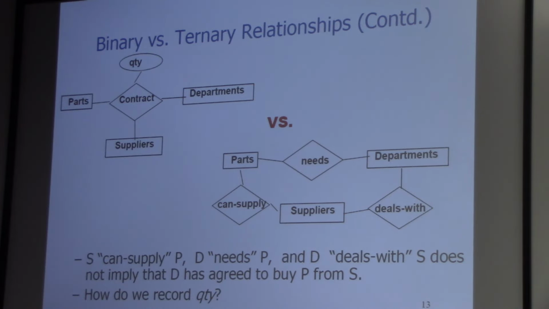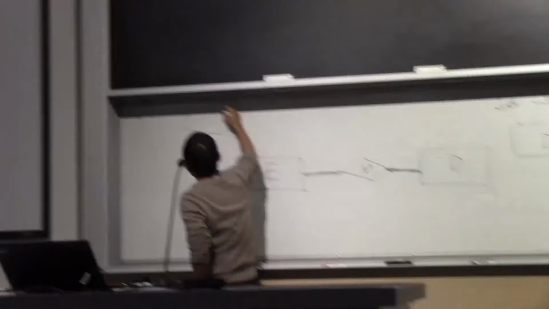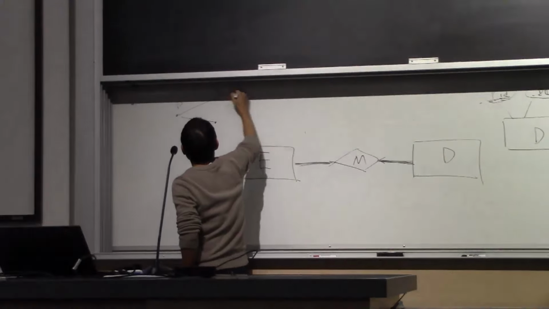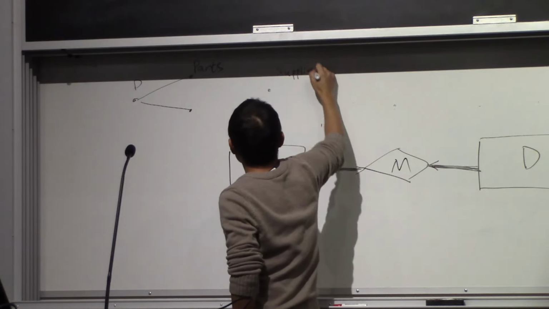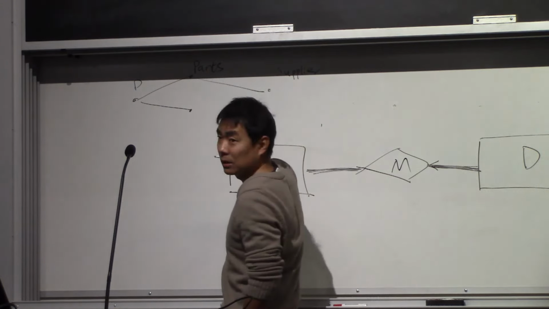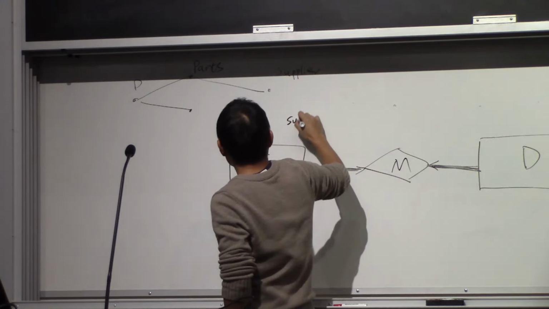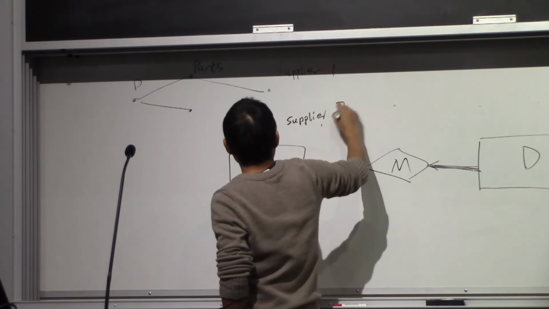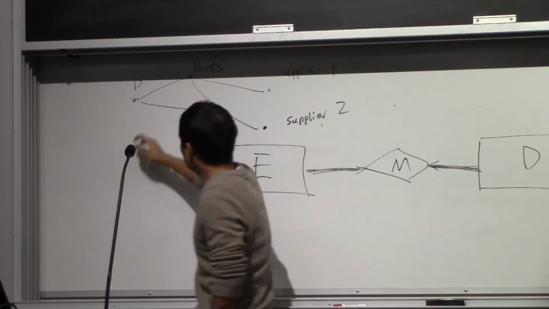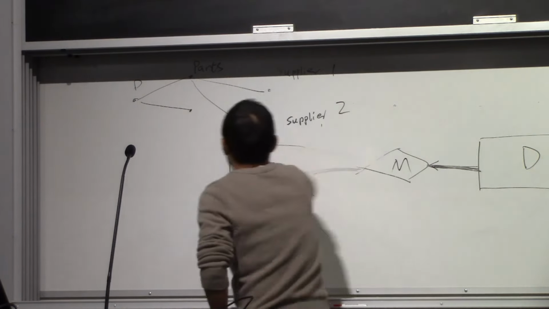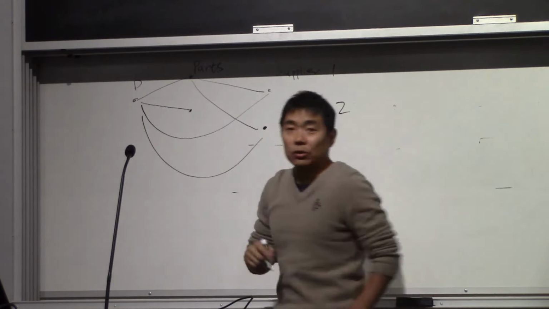I have parts, I have departments, I have suppliers, and I have a single contract, 3 entities, one from each of these entity sets, which represent the interaction among them, which tells you which department is contracted to order which part from which particular supplier. So this contract really has 3 pieces of critical information. It tells you which department makes the order, which supplier is going to supply the order, and for which particular part.